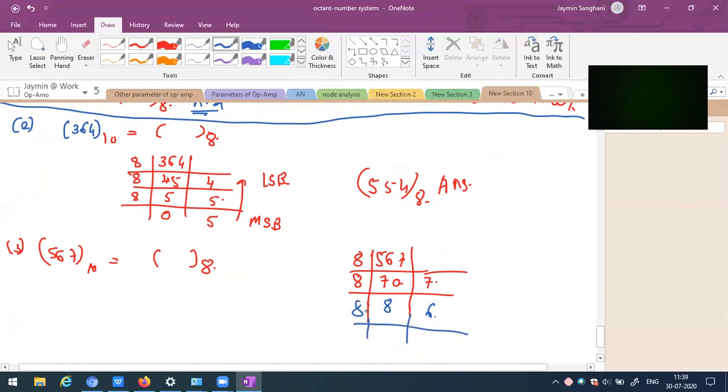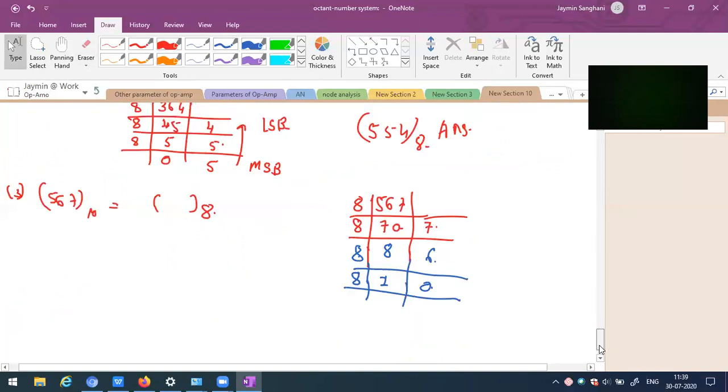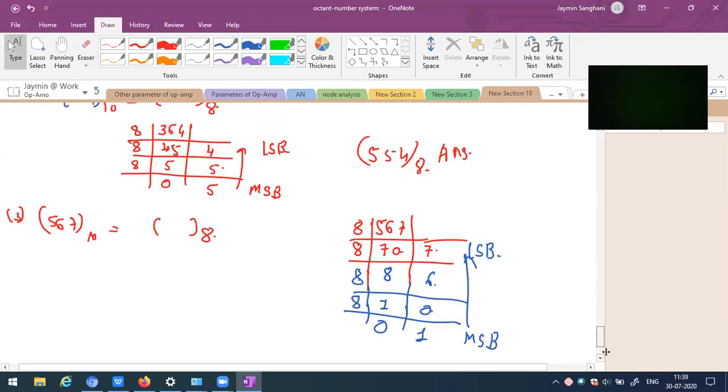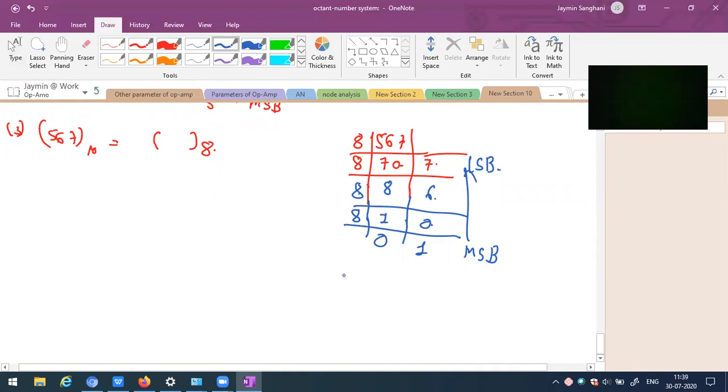Now this 8 can be divided with 8: 8 ones are 8, remainder is 0. And 8 divided with 0, so the answer is 1. It is known as most significant bit, and this is the least significant bit. So the answer is 1067. So here 1067 can be converted into octal.